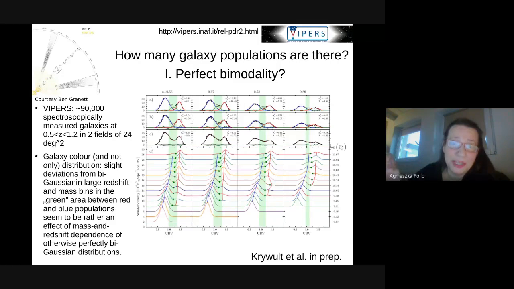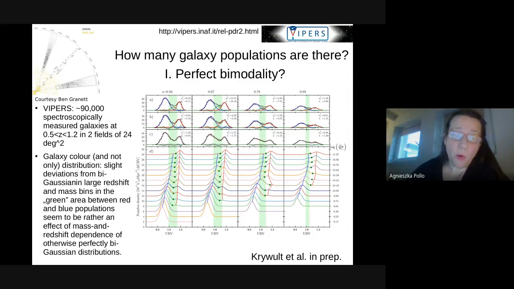Then the idea that between the blue and red populations there is some transition part, some excess which would correspond to green galaxies, seems to be more an artifact resulting from the fact that this bimodal distribution seems to shift with redshift and with stellar mass. And if we divide our samples into small enough bins, we get perfect bimodalities.